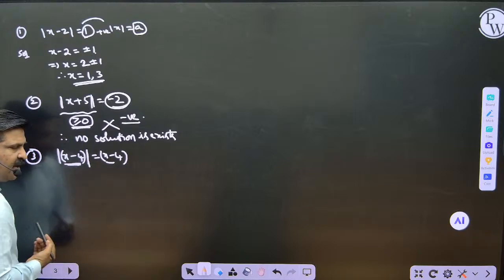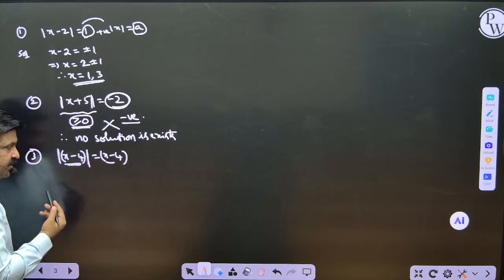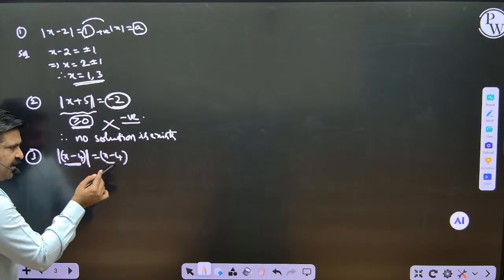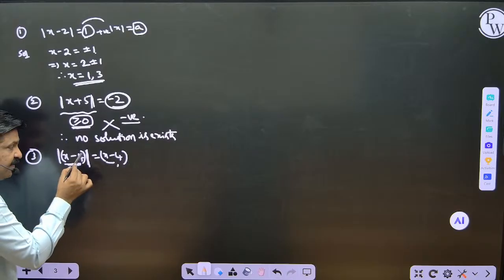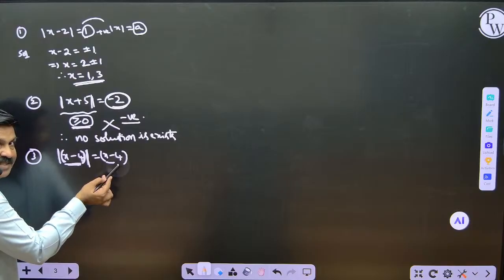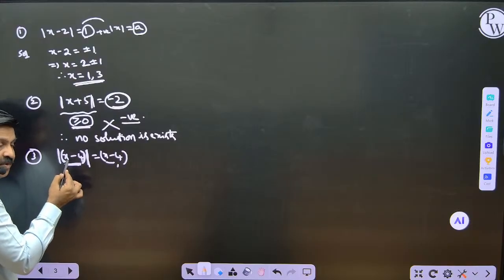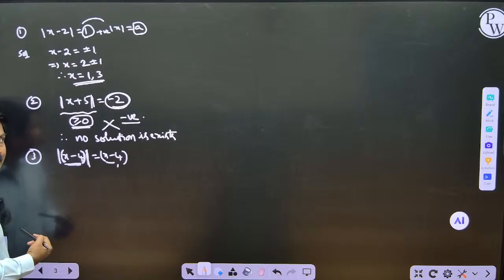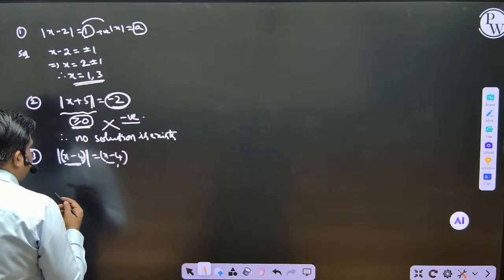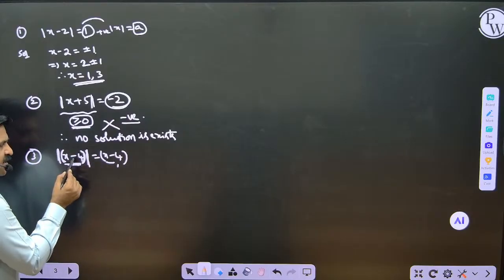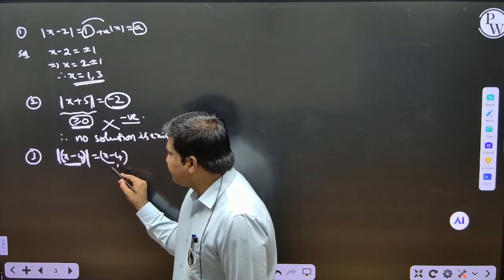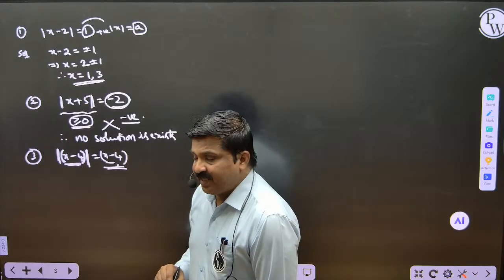When the number inside the modulus is positive, then only we write it as it is. If the number inside is negative, you write minus of that number. Because the inside of the modulus is positive, I have written modulus of x minus 4 is equal to x minus 4.